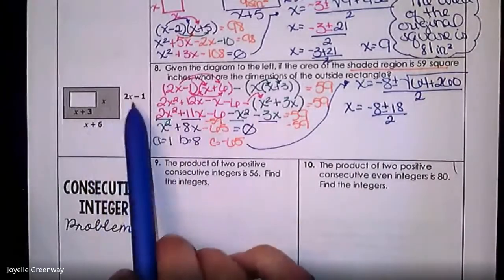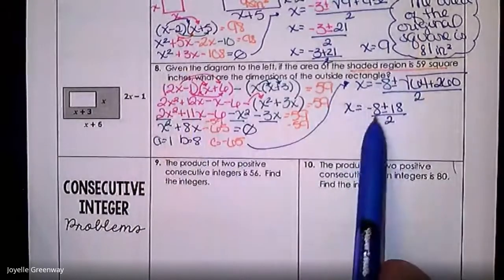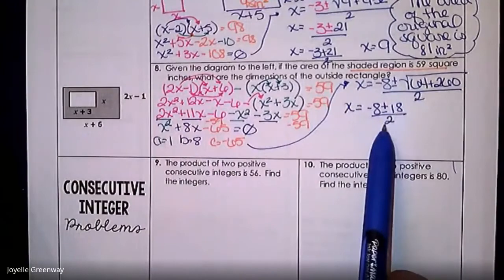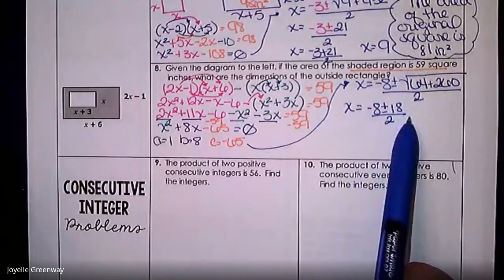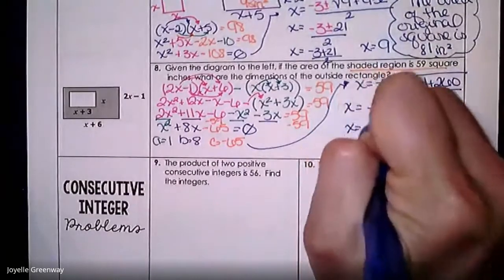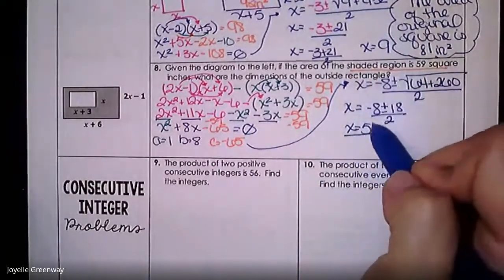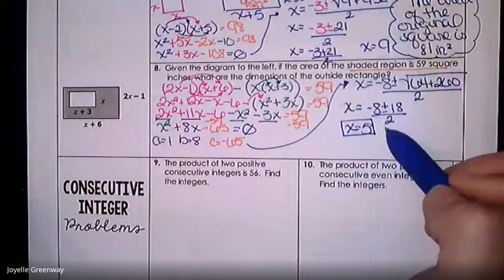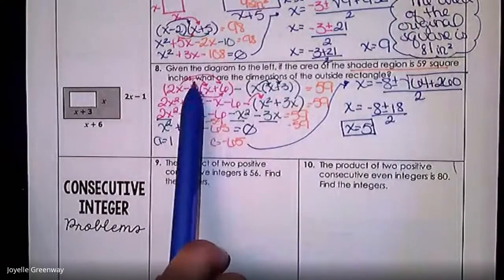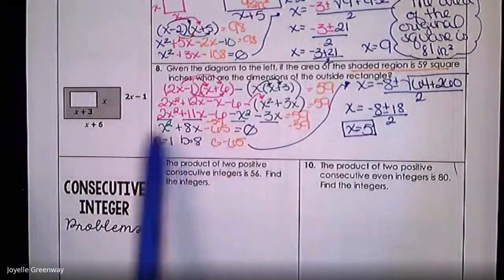So again, I'm dealing with dimensions, so I want my positive root. So negative 8 plus 18 is going to give me that positive root. So negative 8 plus 18 is 10, and then 10 divided by 2 is 5. So what I'm left with is that x is equal to 5. But let's look at what it's asking. It says, what are the dimensions of the outside rectangle?